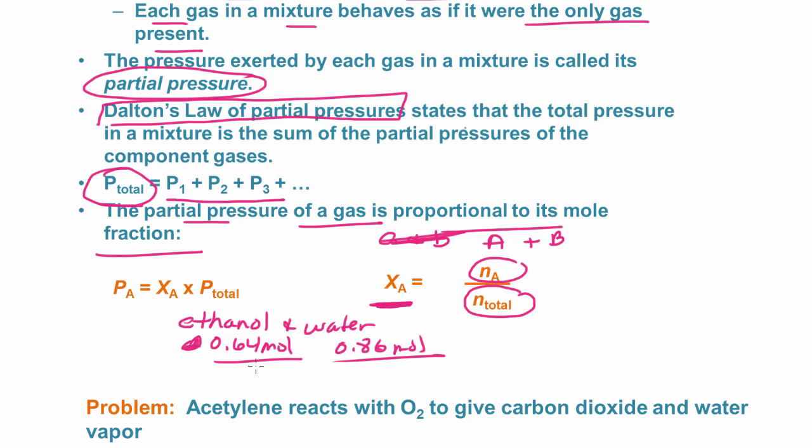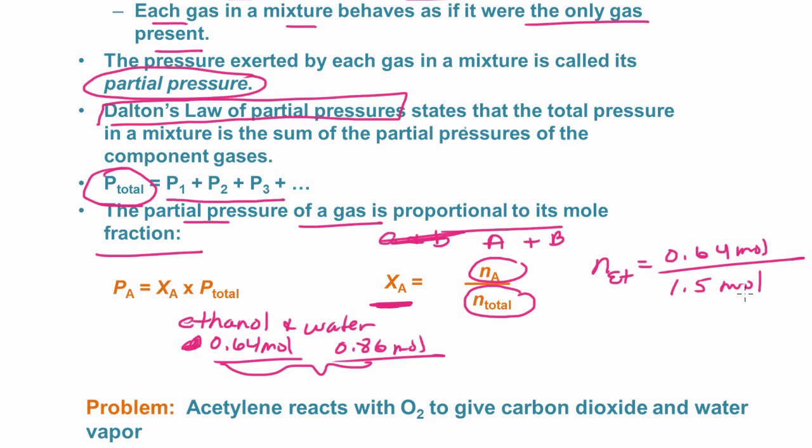So the mole fraction of ethanol would be equal to 0.64 moles divided by the total number of moles. That would be 0.64 plus 0.86, and that would be 1.5 moles.